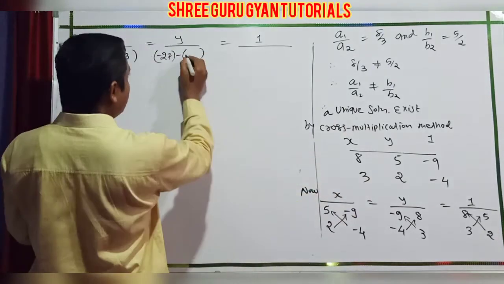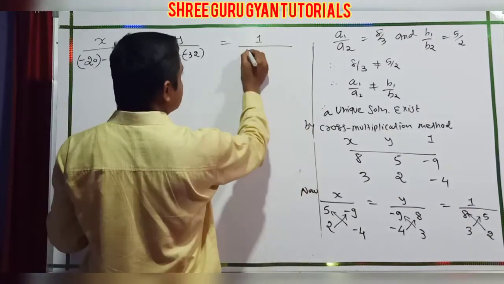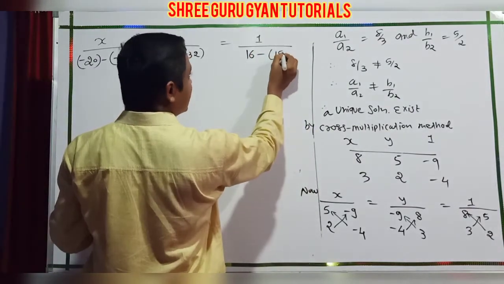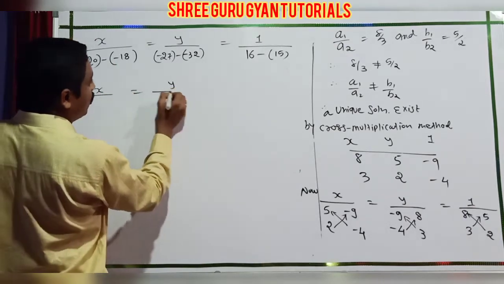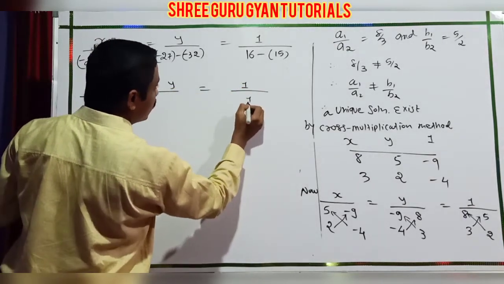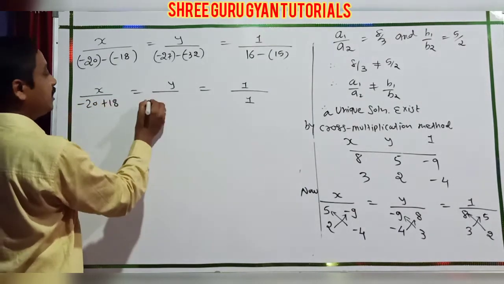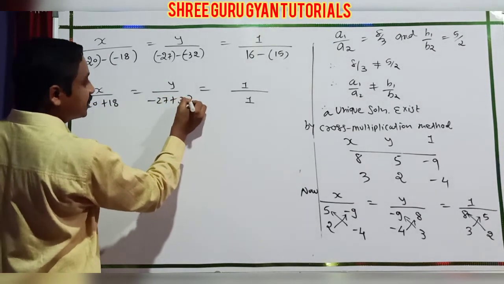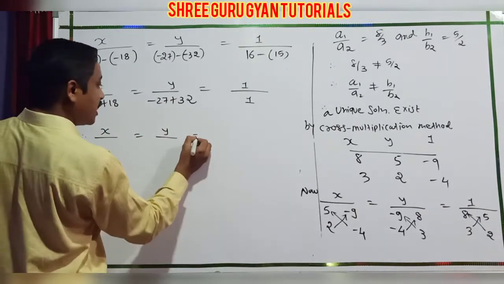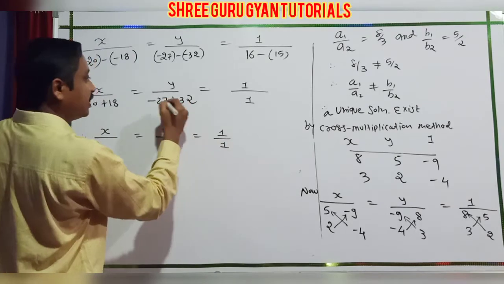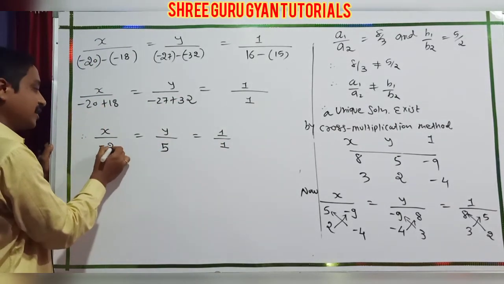Here 8 4s are 32, but minus 32. And lastly, 8 2s are 16, and 5 3s are 15. It means finally all numbers are ready. Here 1, here minus 20 plus 18, and here minus 27 plus 32. So you get x, y, and 1 by 1. Here it is 5, and 18 minus 20 is minus 2.